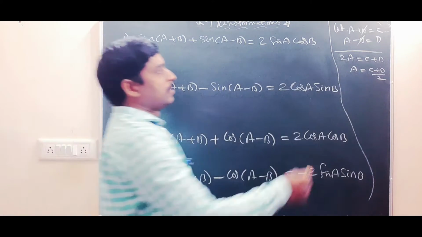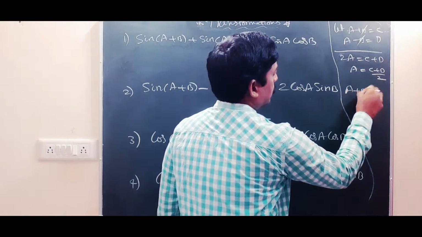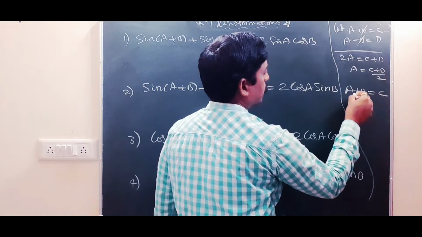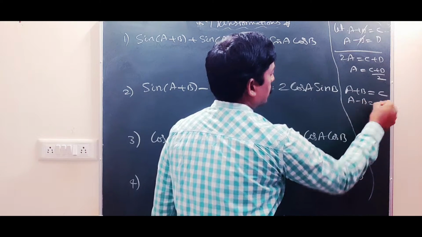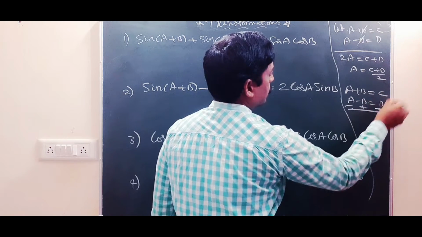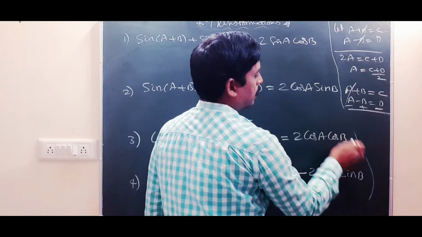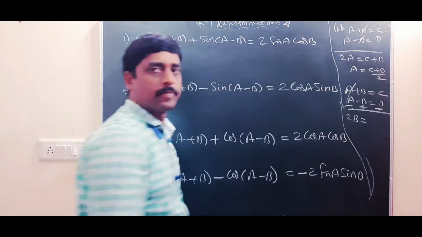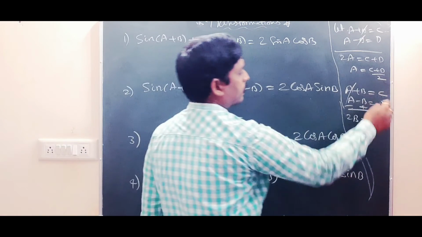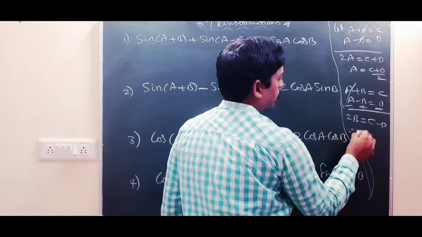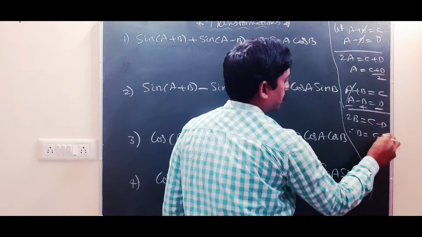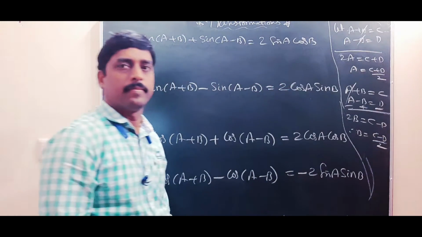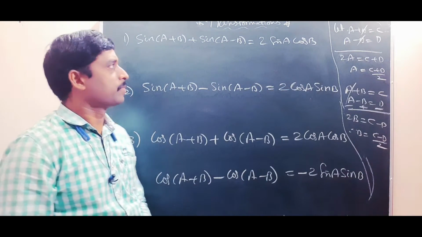Okay, next our target is B. A + B = C, A - B = D. Let us do subtraction. Now A gets cancelled. B + B, 2B = C - D. Now B we get (C-D)/2.